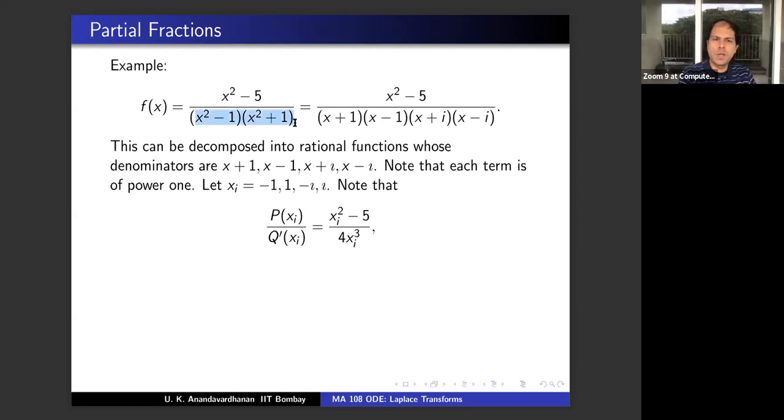So this polynomial you take and you take the derivative. So x power 4 will give you 4x cubed, right? You can plug it in. So these are the roots: minus 1, 1, minus i, i. You take the derivative and you plug it in.